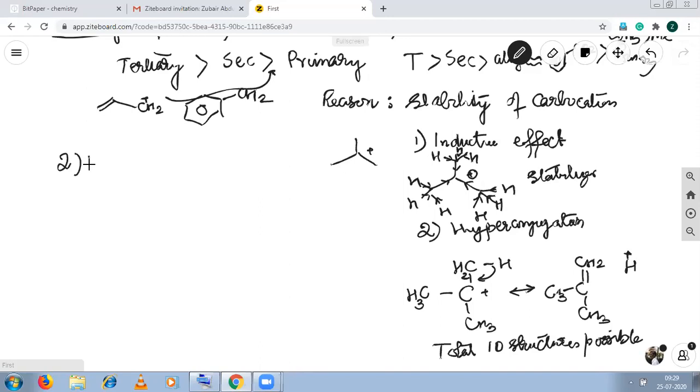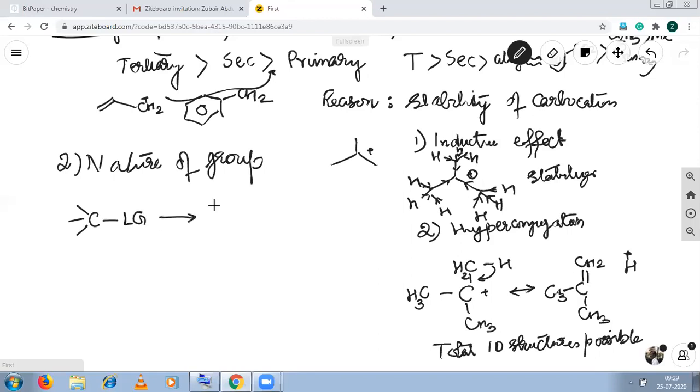Okay, now let us look at the second factor. Number two, nature of leaving group. Now tell me, look carefully. This is your substrate. This is your leaving group.